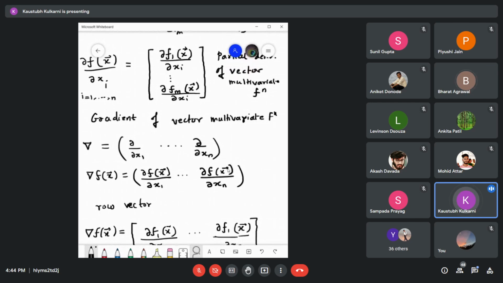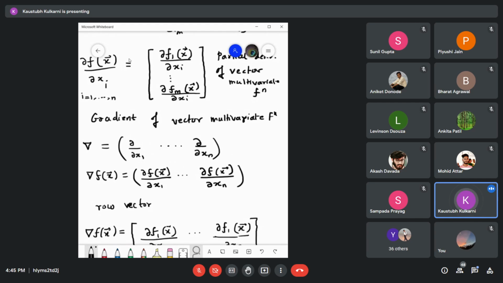See, the gradient that we defined yesterday is, in general, defined like this: if you have n variables x1 to xn, you take the partial derivatives of the function with respect to each of those variables, and if you make those partial derivatives the components of a vector, it becomes the gradient.